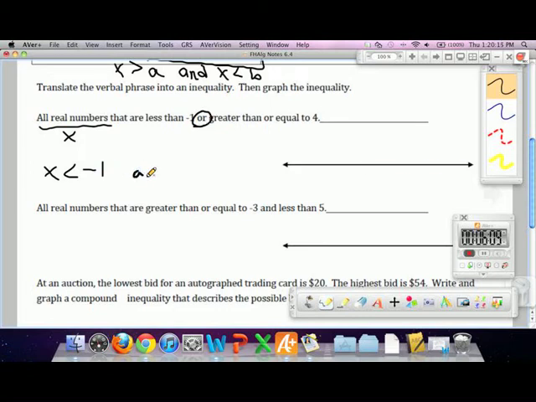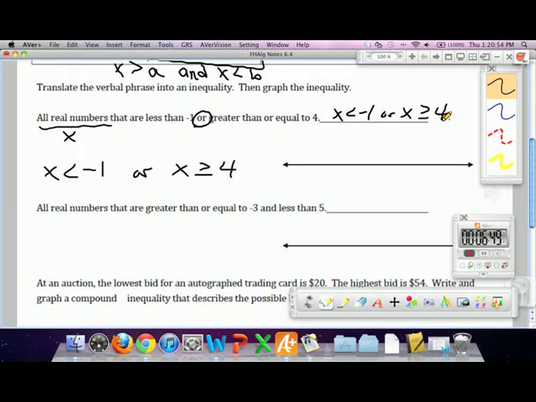Any number that fits these two things, less than -1, or that same number could be bigger than or equal to 4. It's not that hard. Just can't do 0, 1, 2, 3.